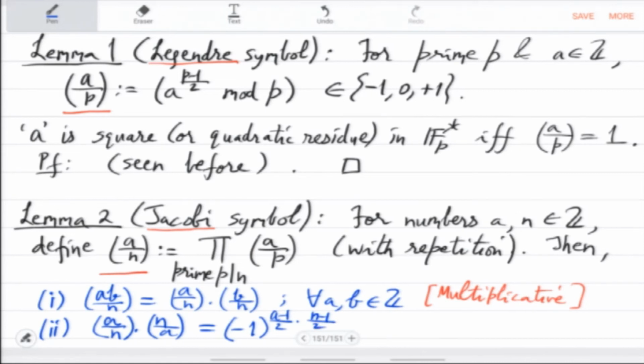That is the sign, for all odd and coprime A, N. This is called Gauss's quadratic reciprocity law.